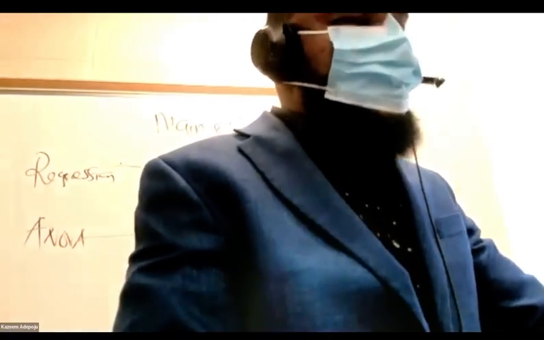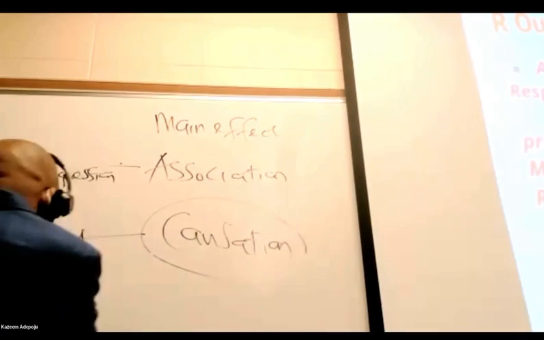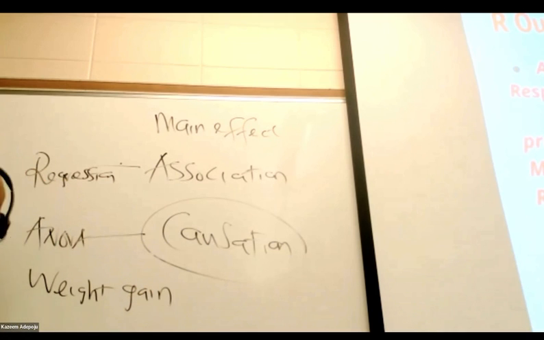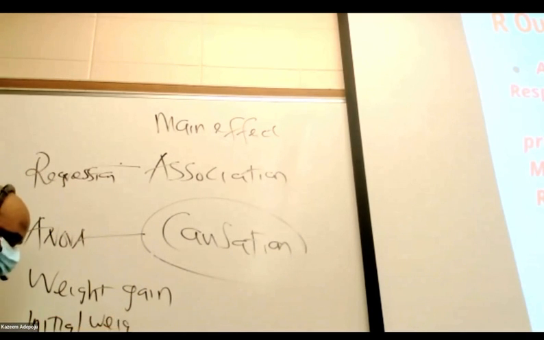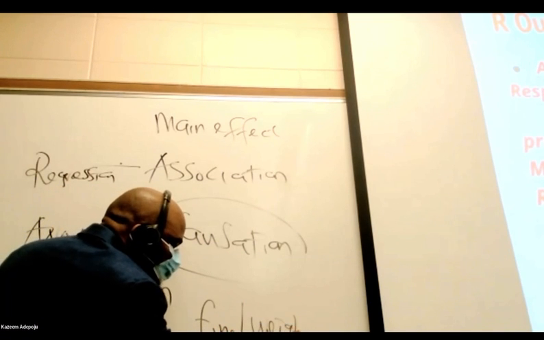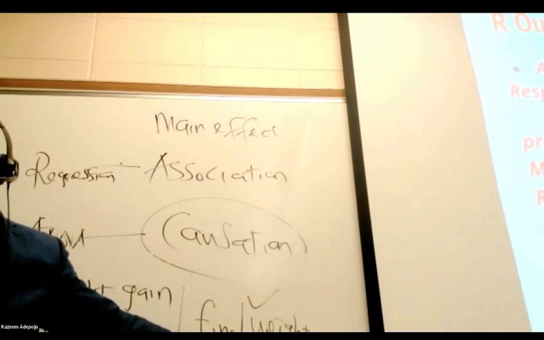We used analysis of covariance, because when you are talking about weight gain, you look at the initial weight as well. You don't only look at the final weight. When you are only looking at the final weight, you could be misled.